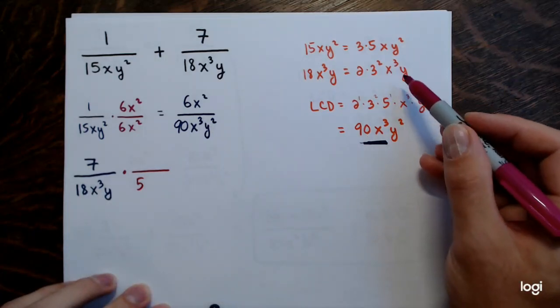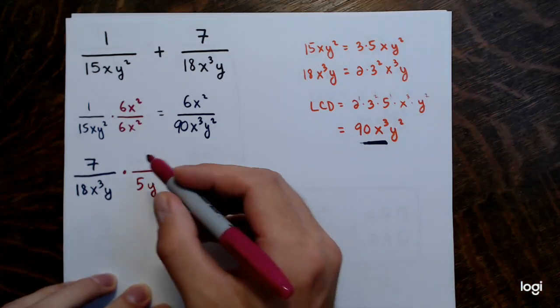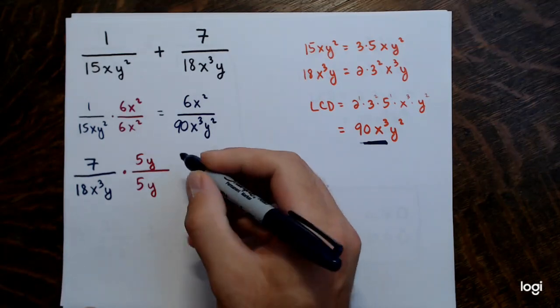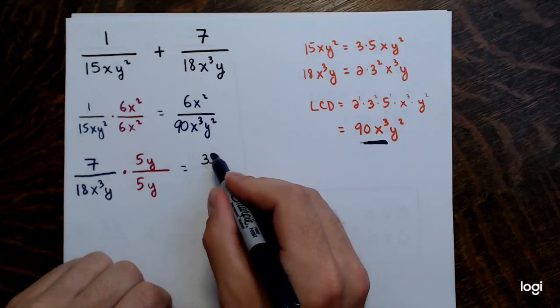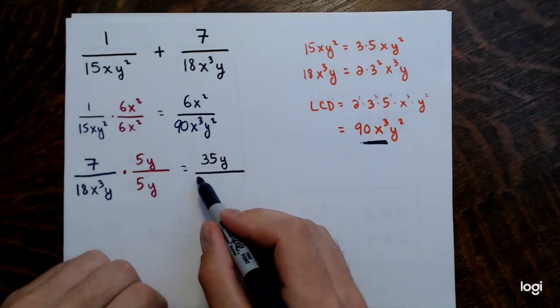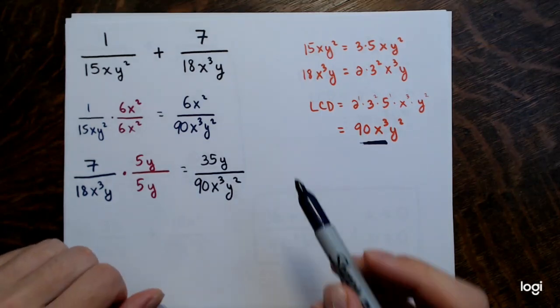They both have x cubed. This has y squared, so I'm missing a y, times y. And then I'm going to multiply by 5y in the numerator as well. So this gives me the fraction, 7 times 5y, 35y in the numerator, divided by the 90x cubed y squared in the denominator. Great.